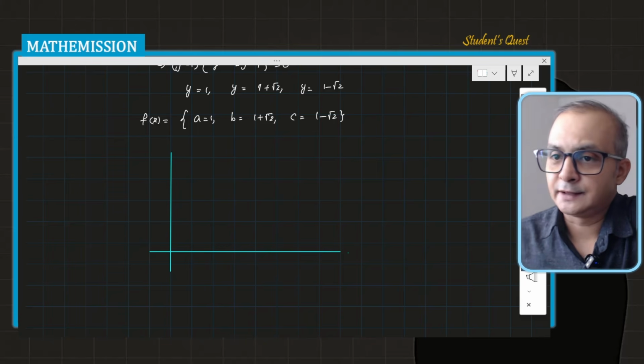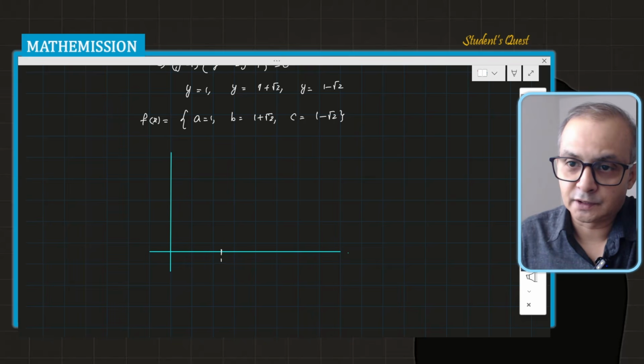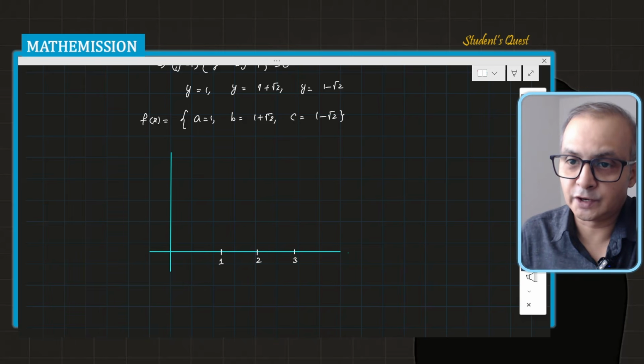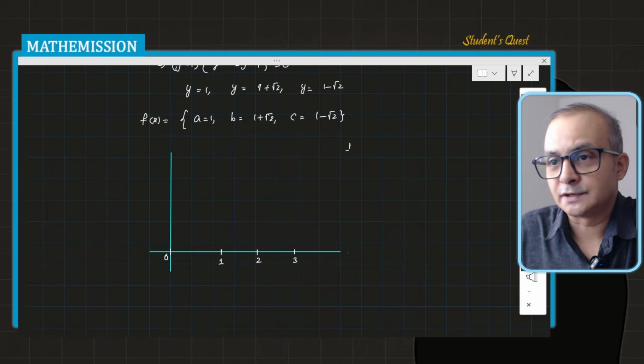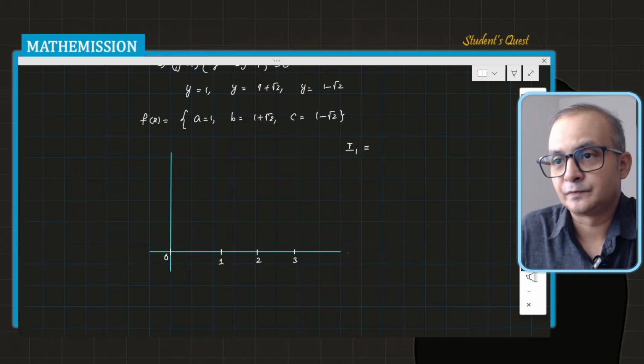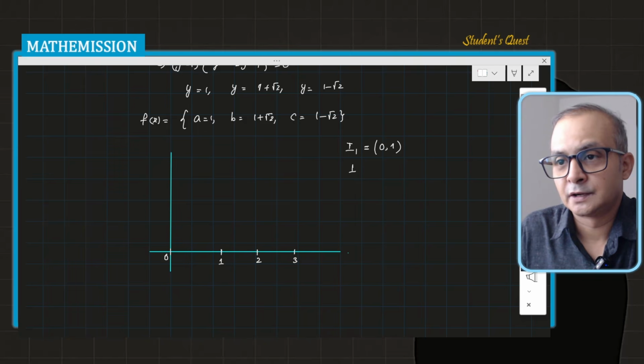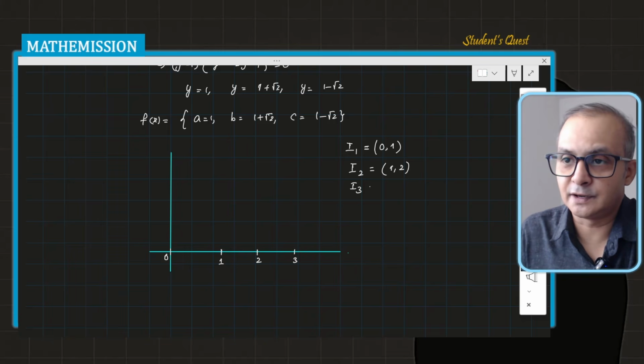What I'm thinking is that I have these intervals: 0 to 1, 1 to 2, and 2 to 3. I'm calling I1 the interval 0 to 1 excluding 0 and 1. The interval I2 is 1 to 2 excluding 1 and 2, and similarly I3 is 2 to 3.